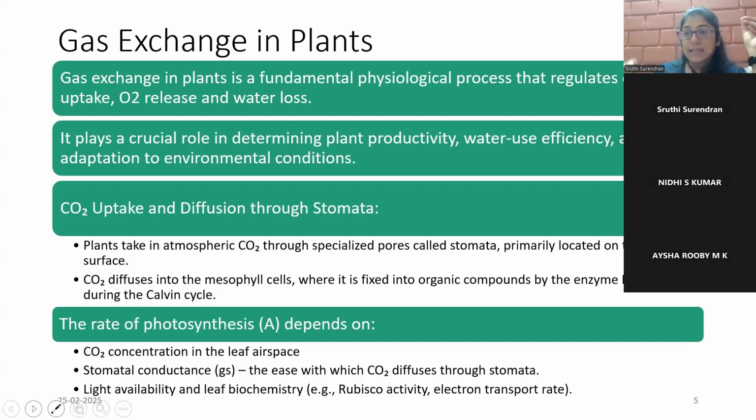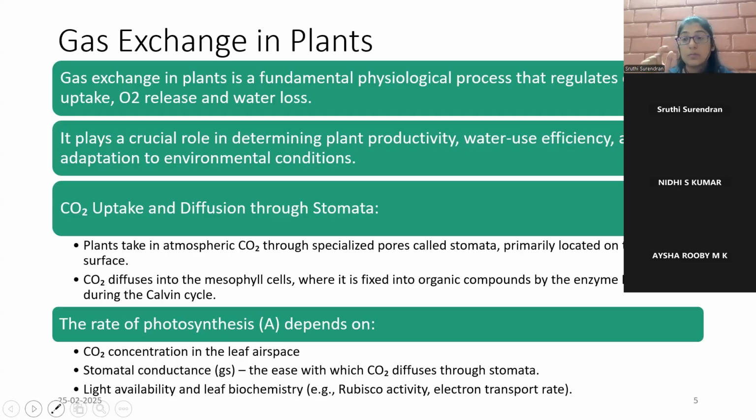That is the ease with which carbon dioxide will enter the stomata. How easily can carbon dioxide enter stomata is called stomatal conductance. And of course, other factors like the availability of light, the concentration and activity of the Rubisco enzyme, the electron transport rate, the rate of triose phosphate utilization, all of these factors affect photosynthesis.